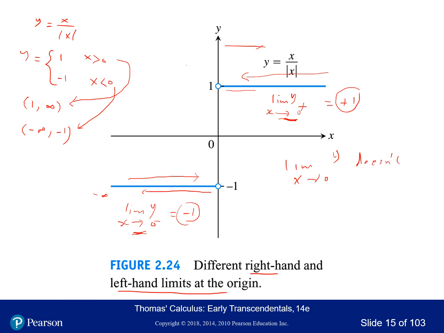We will see why. But anyway, we're talking about just one-sided limits. The limit from the right-hand side is available, and it's equal to plus 1. The limit from the left-hand side is also available, and it's equal to negative 1.